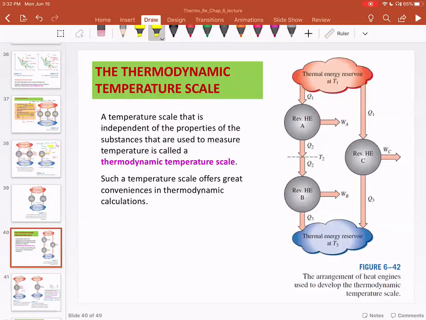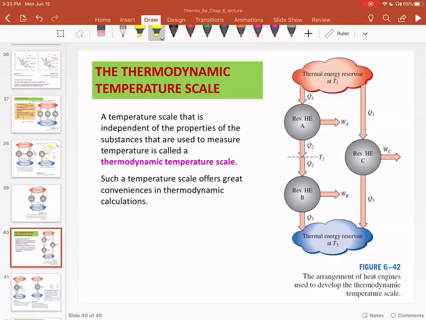This temperature scale should not be dependent on personal preferences. For example, something cold for me is something hot for someone else. So I cannot have a subjective opinion of the temperature, but I need a temperature measurement device which is independent of subjective opinions.